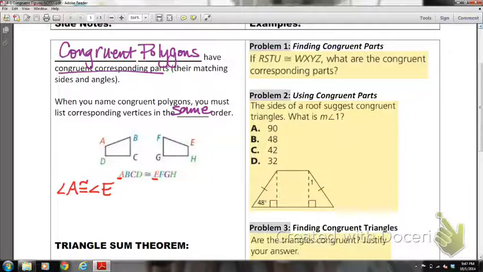So A is congruent to E, and then you have B. B is congruent to angle F. And then next you have angle C is congruent to angle G.